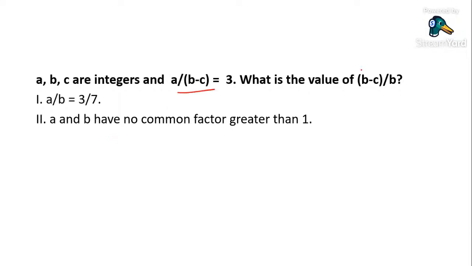We are supposed to find the value of B minus C by B. I'll give you some time, solve it and tell me the answers in the chat. Pratmesh, Nikita, anyone? I'm expecting an answer from everyone. Is it statement 1, statement 2, either, neither, or both?